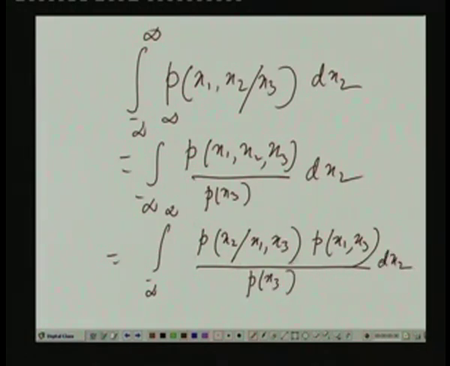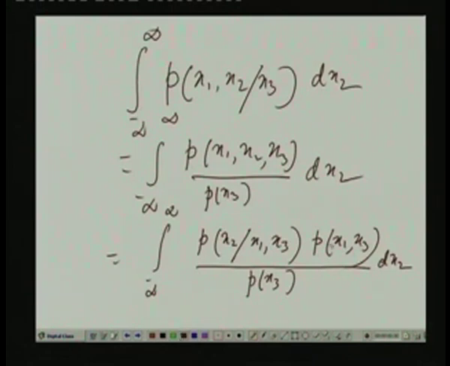So only this quantity depends on x2. So, when this is integrated with respect to x2 from minus infinity to infinity, that is equal to 1, because it is a conditional density of x2 subject to some x1 and x3, but if x2 is moved from minus infinity to infinity and this probability density is integrated, you obviously get 1.